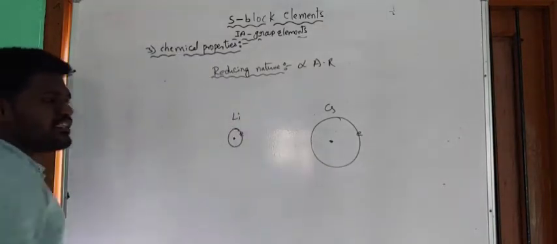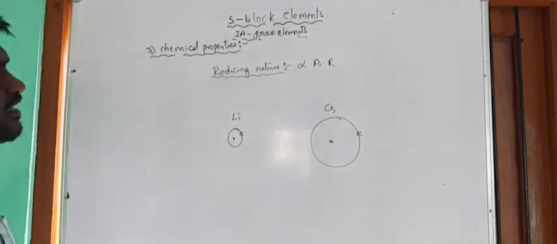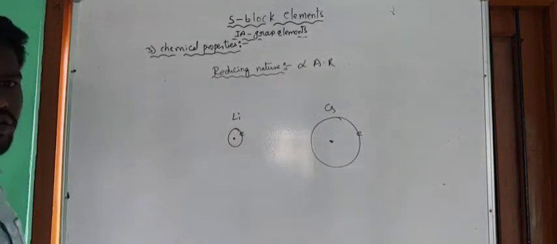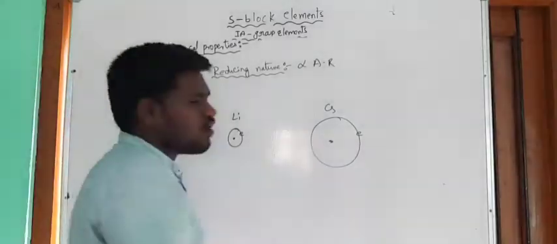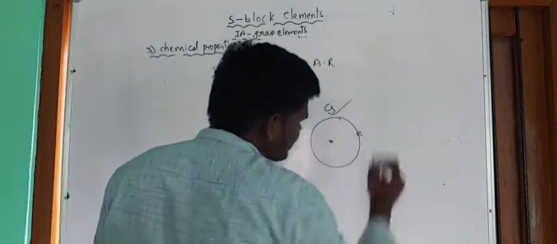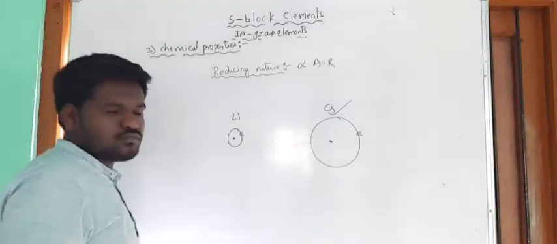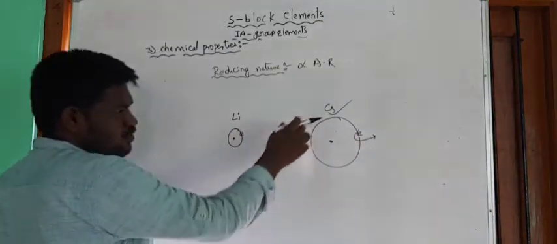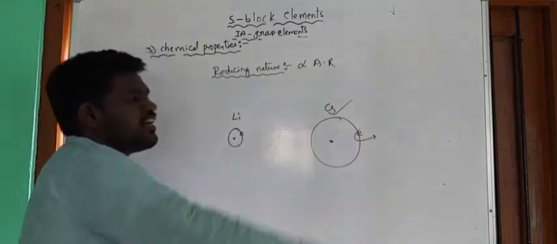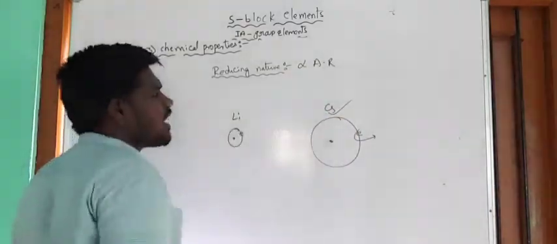Here is the nucleus and this is the last electron. Now in which element is it ready to lose the electron? Which one has more capacity to lose the electron? This one has more capacity to lose the electron, so the removal of the electron is very easy, and it can lose the electron easily and reduce the reacting partner.